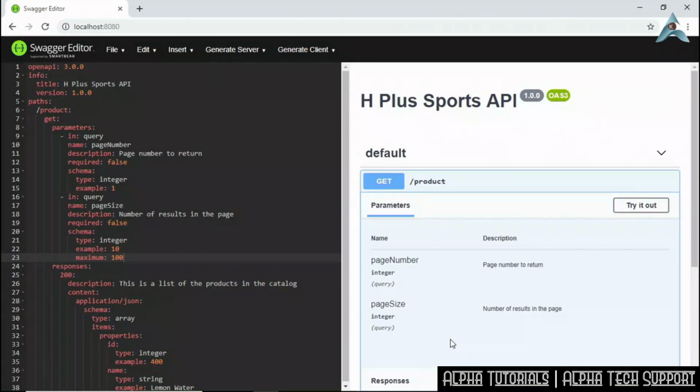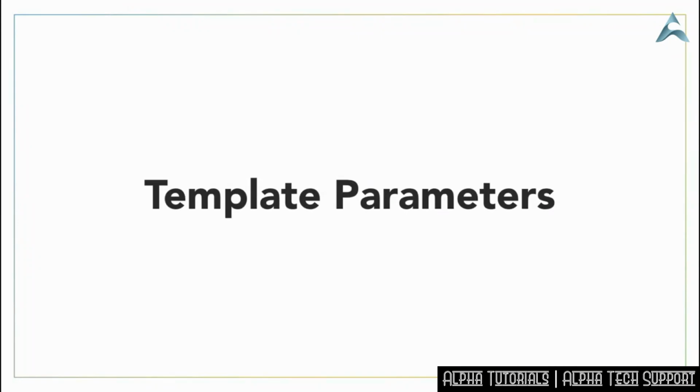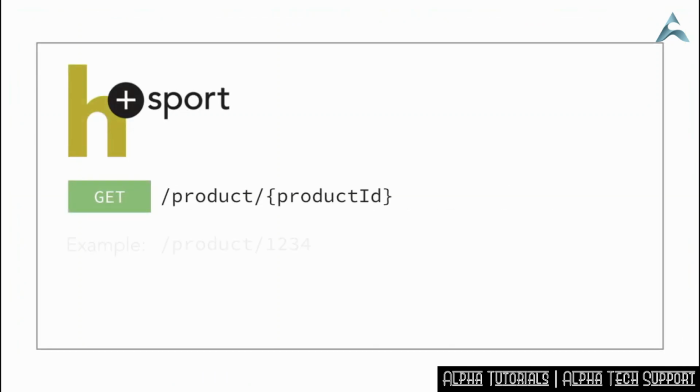for this API operation. In this lesson, we'll learn how to describe template parameters within an API definition. REST APIs often require template parameters or path variables to be supplied in the path of an endpoint. This helps us identify a specific resource instance in most cases.